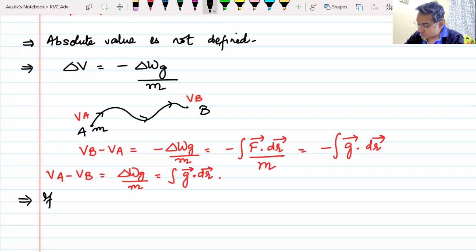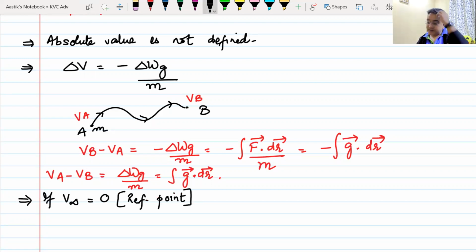If the gravitational potential of infinity is taken as 0, your infinity is taken as your reference point. Then you can find out the potential of any point with respect to infinity.